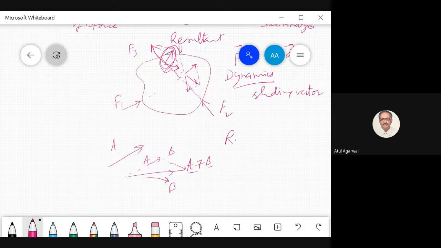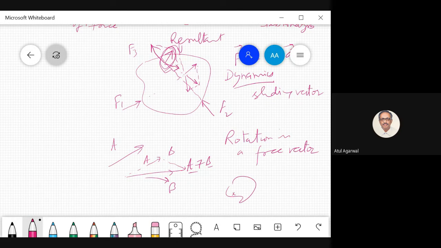Now rotation is a free vector. You could have taken any point in the body. Body takes this shape, this configuration. You have translated it with this position.